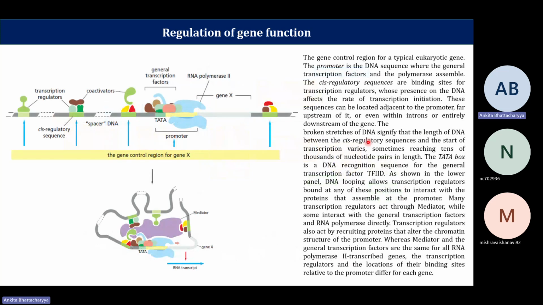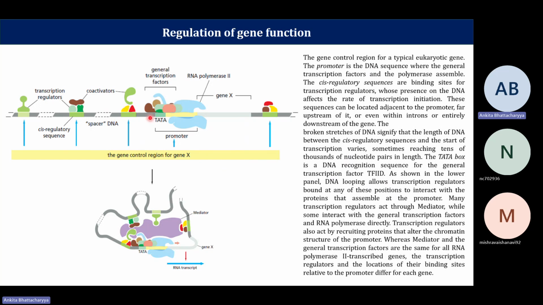Then we saw the typical gene control region for a eukaryotic gene. So it's similar to what I've already discussed. Very close to your actual gene of interest, you have these promoter sequences to which RNA pol2 binds, and this binding is dependent upon general transcription factors which are present. Then different components of the RNA pol2 are also responsible for it, the sigma unit and so on and so forth.